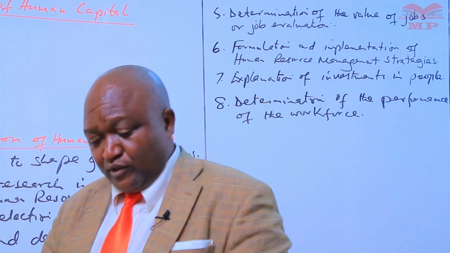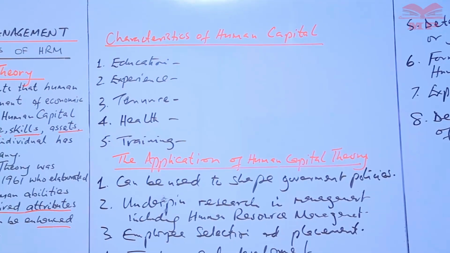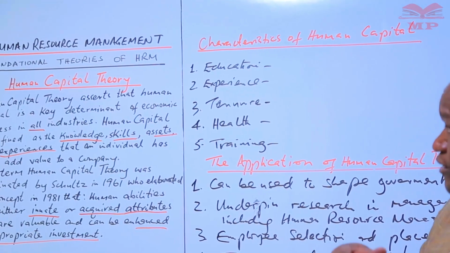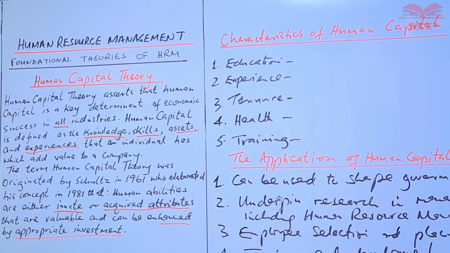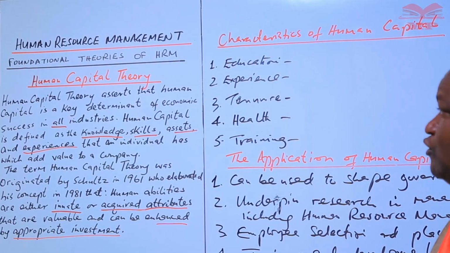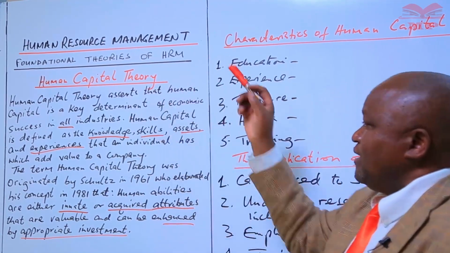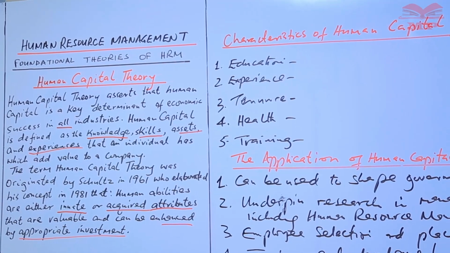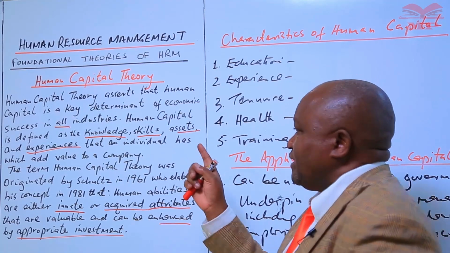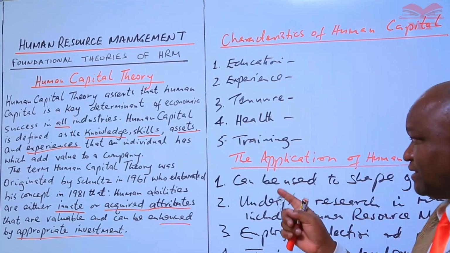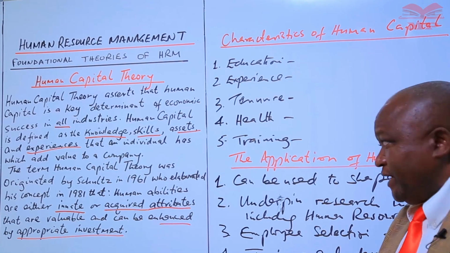So Lana, we are looking at our continuing lessons in foundational theories of human resource management, and we have looked at the human capital theory. We have indicated that the theory asserts that human capital is a key determinant of economic success in all areas of operations. Human capital is defined as the knowledge, skills, assets, and experiences that an individual has which add value to a company or an entity.